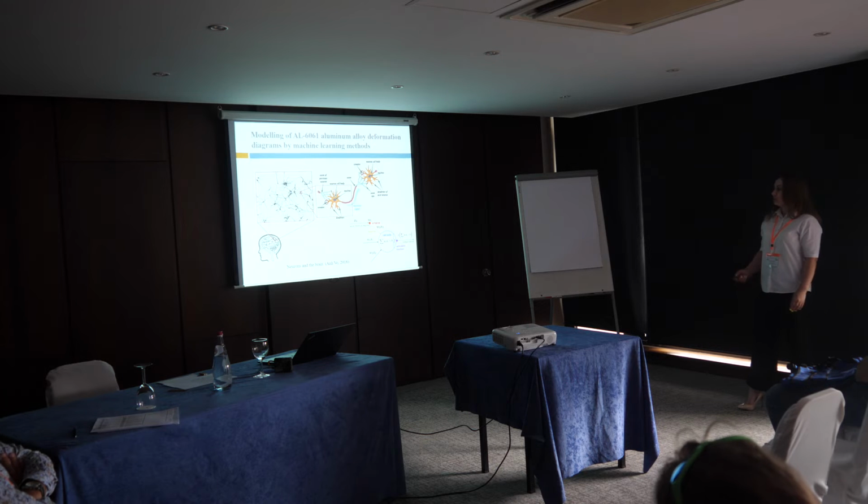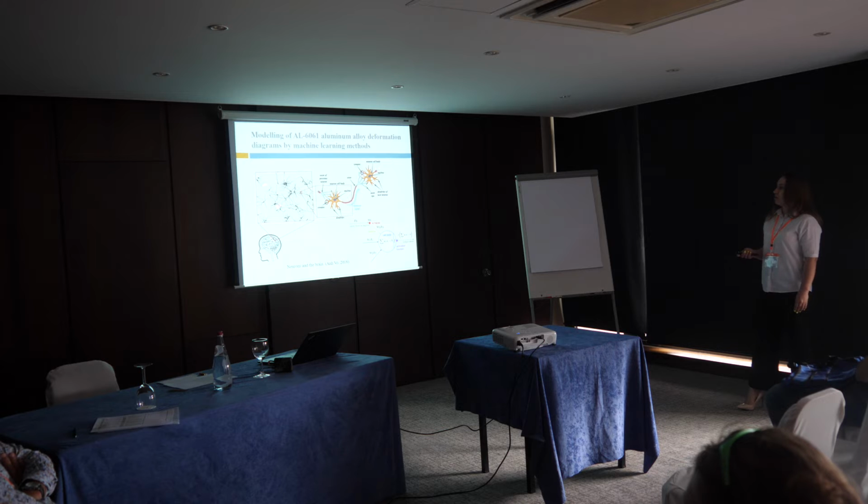Our brain, for example, consists of 100 billion neurons. Neurons constantly gather information and perceive it through the entire brain.